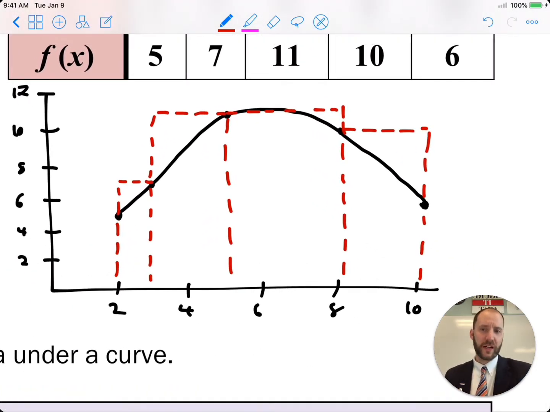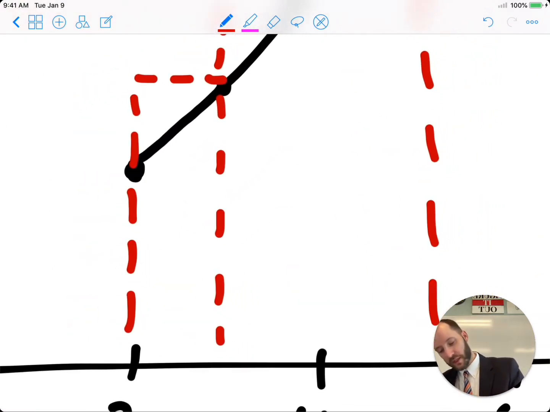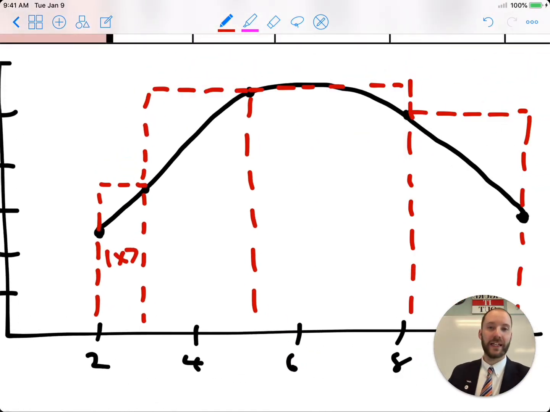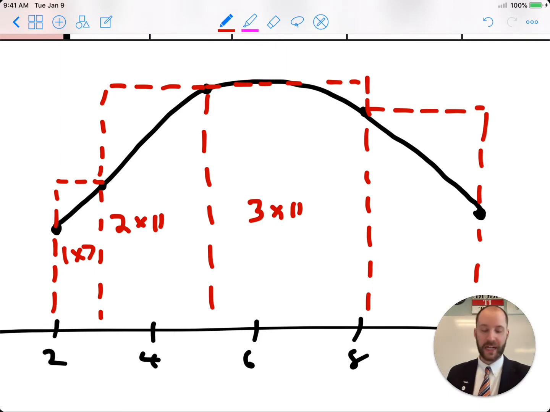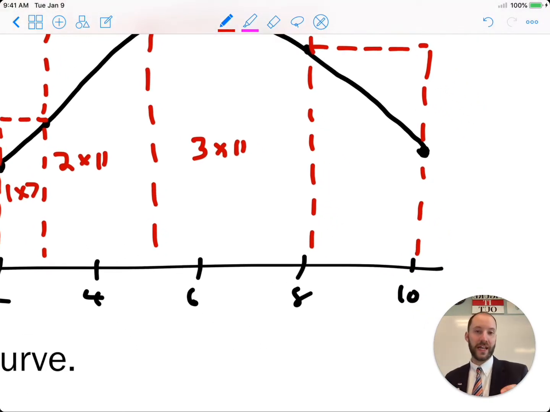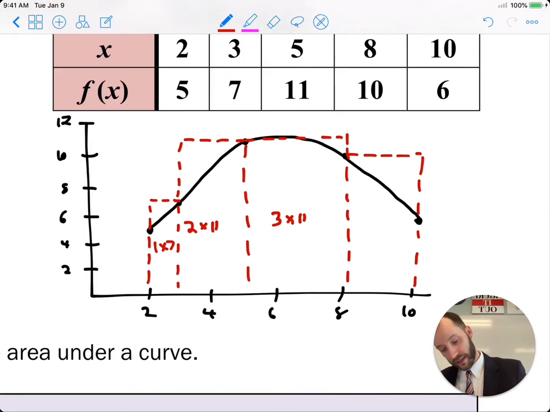And what you have drawn, it's really simple arithmetic. The first rectangle has a width of 1 and a height of 7. So 1 times 7. Your second rectangle is from 3 to 5, so a width of 2 by 11. The third rectangle from 5 to 8 is a width of 3, height of 11. So 3 by 11. And the final rectangle, 8 to 10, has a width of 2 and a height of 10.